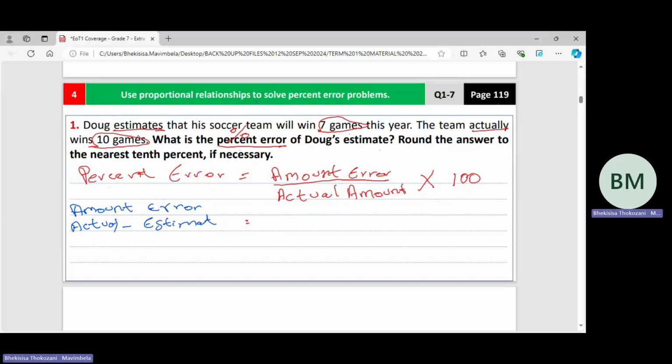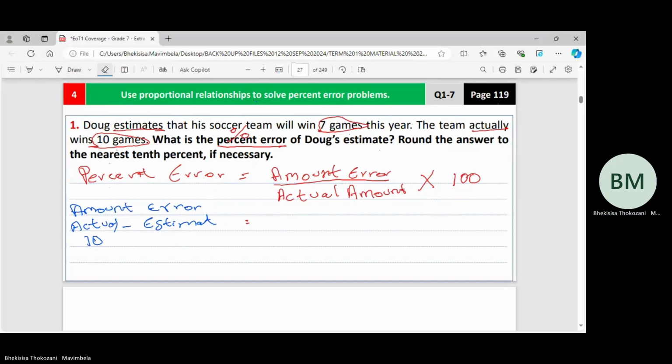So we know the actual was 10. Actual is 10. It's 10 minus the estimate. The estimate, remember, this is the estimate here.